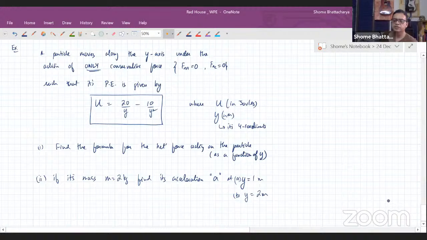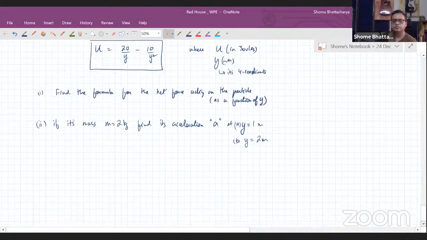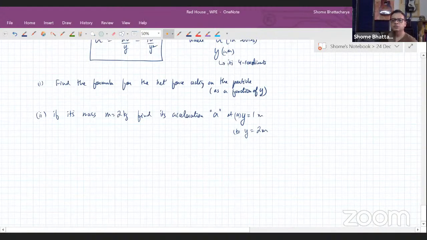So from this, what can we say about the force? Here we'll use this relation, that it's a 1D system along the y-axis, and only conservative force acting on it.